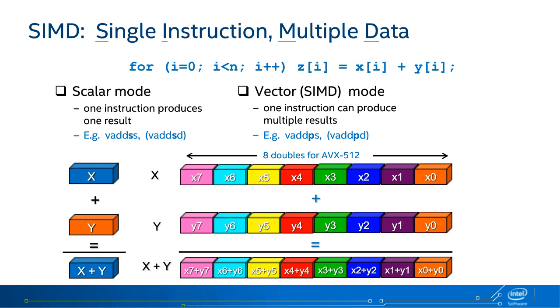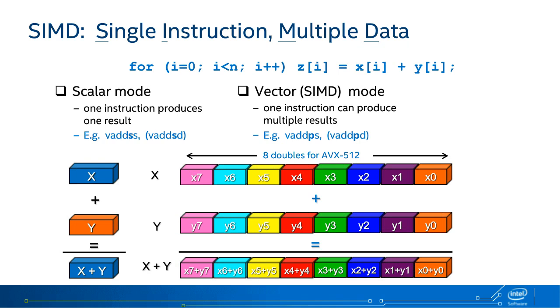Note that SIMD is applicable for loops, and here you can see an example of a simple loop. The idea is that we can perform an addition operation for multiple elements of arrays. However, SIMD instructions may still work in a scalar mode as well. For example, the instruction v_add_ss: you need to pay attention to the last letters in these instructions, which are ss, a scalar instruction producing one result.